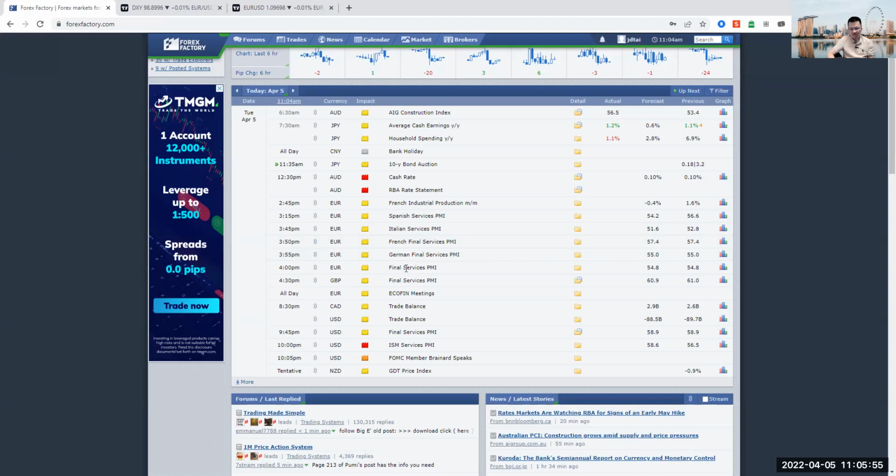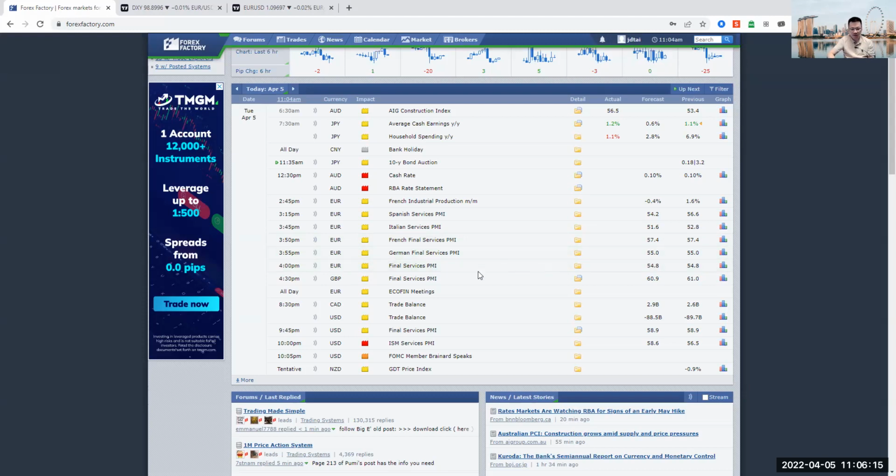And the final services PMI numbers looking to stay at 54.8, still in that expansionary phase. I don't expect a big surprise or a big change here. So looking like the euro dollar at this point might still continue with its trending scenario. I'll tell you more about that shortly as we look into the charts.